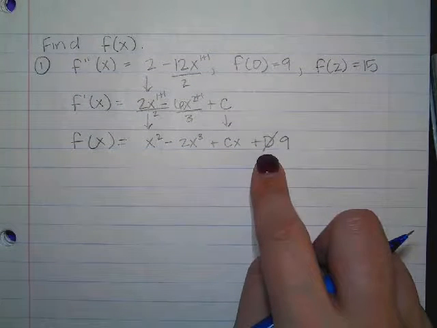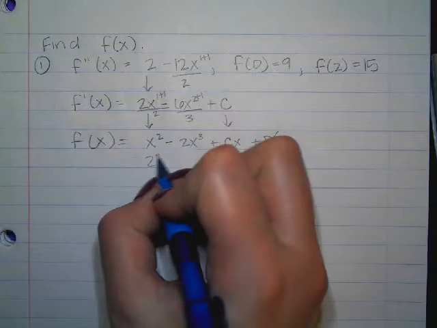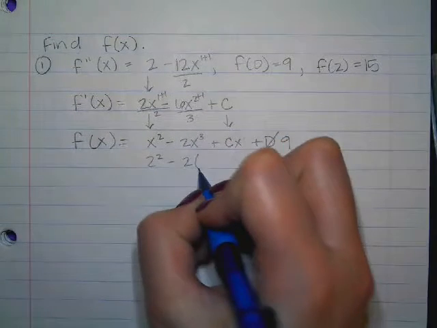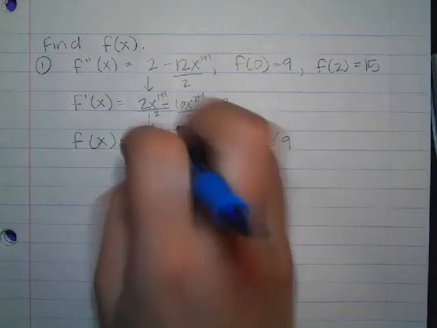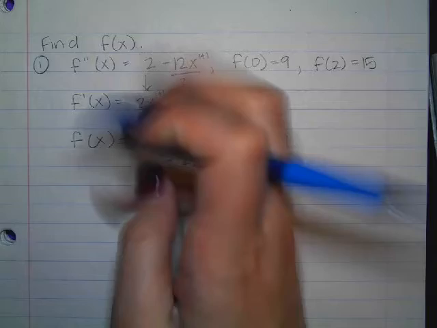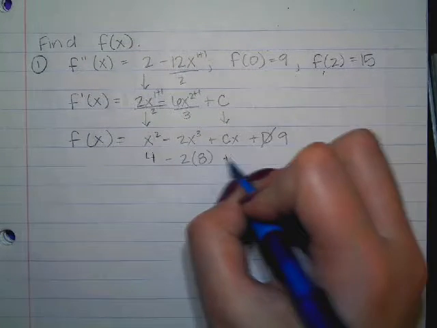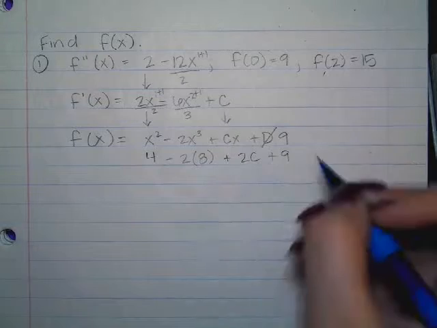All right, so what do we do now? Plug in 2. I guess I could just do that. I'm so used to showing all my work for the lower classes, but you guys don't need all that work. Okay. Plus 2c plus 9.